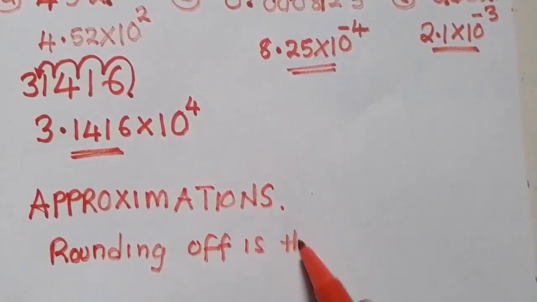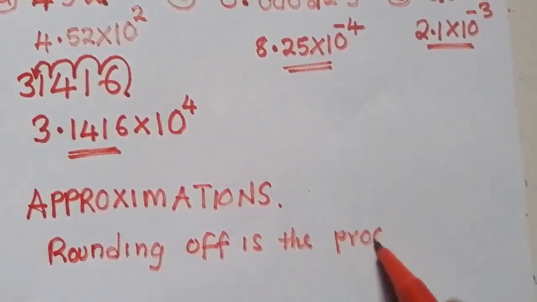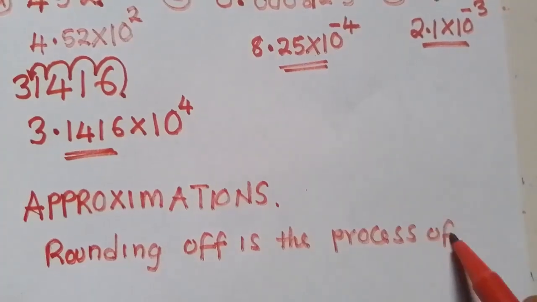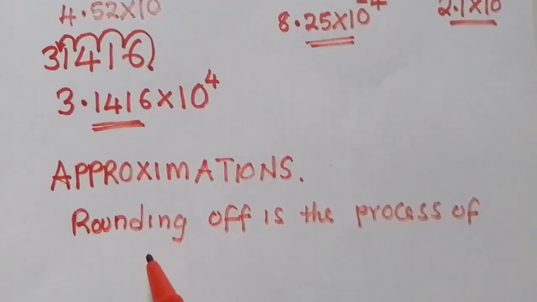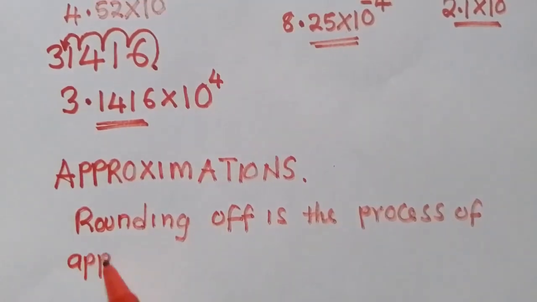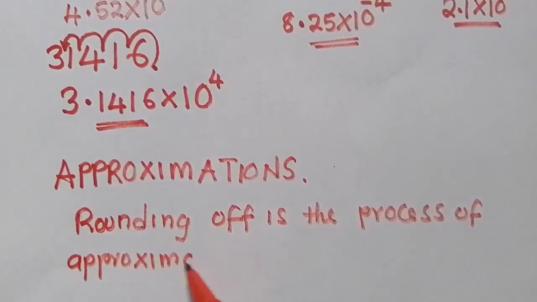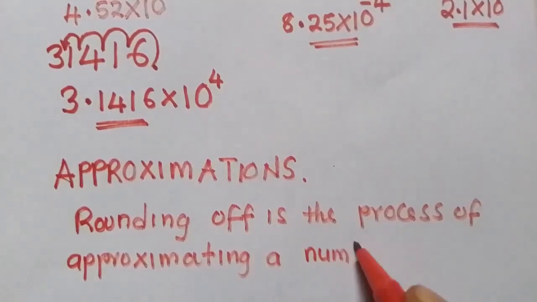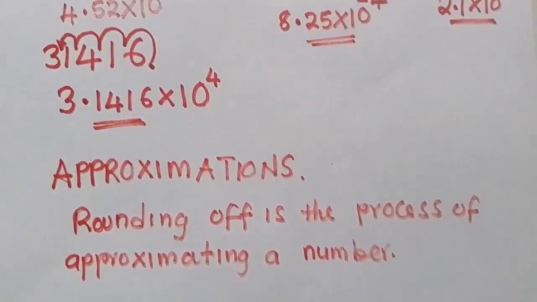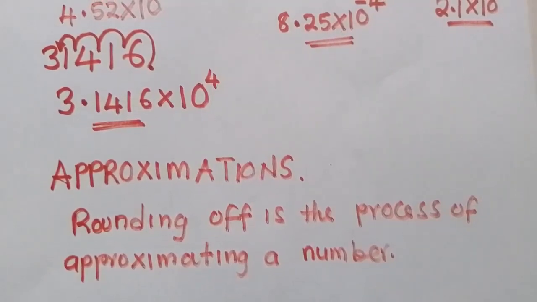Rounding off is a process of approximating a number. So when you round off, you've just approximated that number. This is what you need to know and understand.